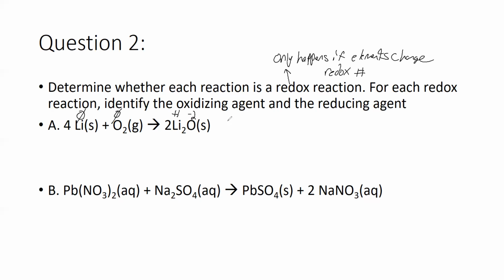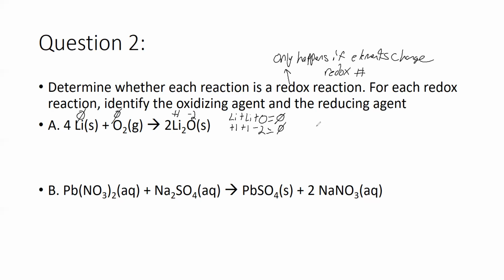We can double check to see if this works out. So lithium plus oxygen has to equal 0. We said lithium is +1. We said oxygen is -2. That is equal to 0. So that is correct. We assigned our numbers correctly.